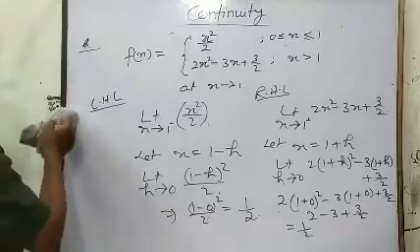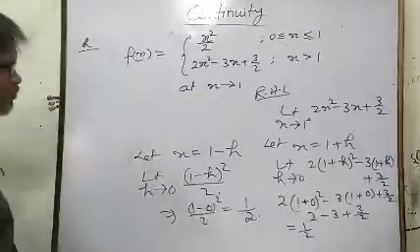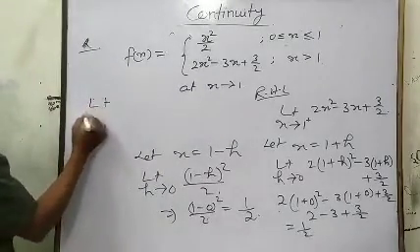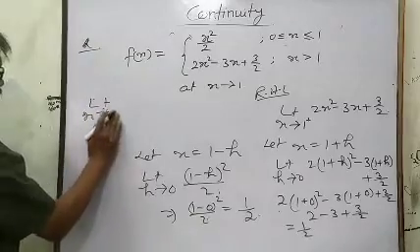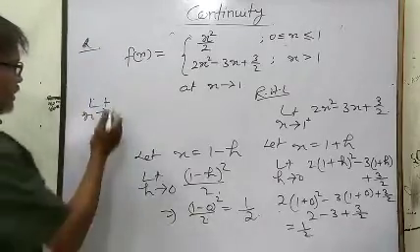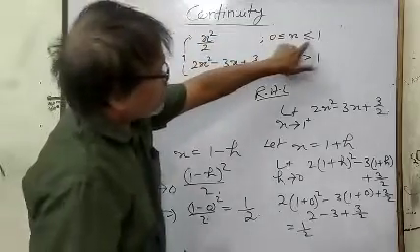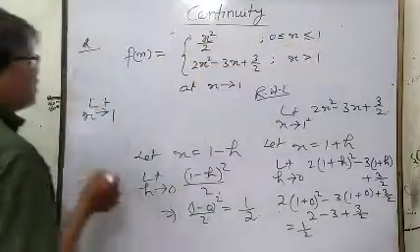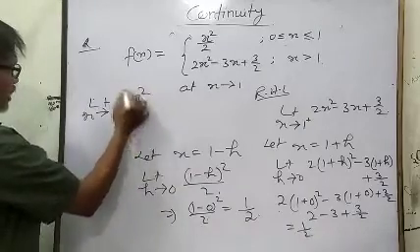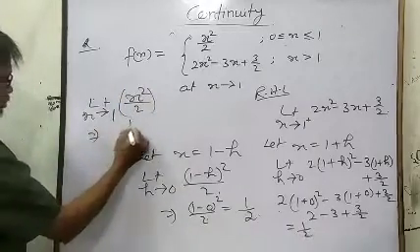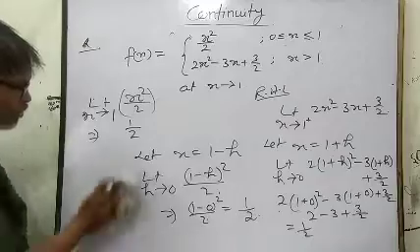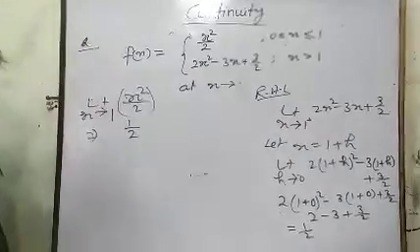After getting the right hand limit, find the value at x equal to 1, means x tending to a. In this case, what function will you take? x square by 2, because the equal sign is there, means x is equal to 1. So take x square by 2 and put directly x is equal to 1. So now all the three values are equal.